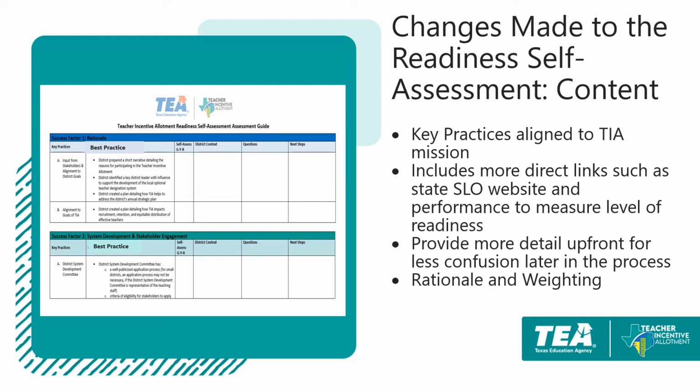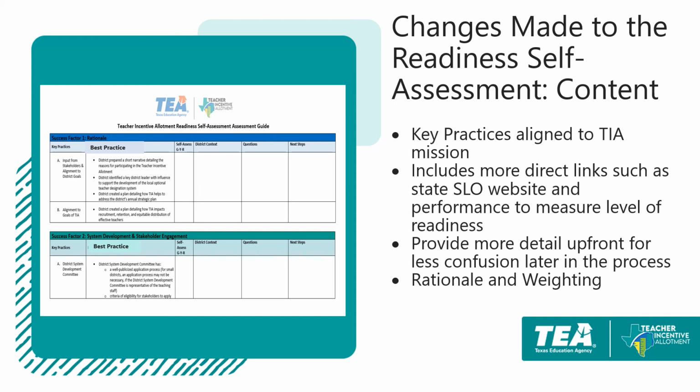We also wanted our key practices to be aligned to the TIA mission. So there were some wording changes in our key practices to ensure that the goal and the mission of TIA are interwoven throughout the entire Readiness Self-Assessment Guide.